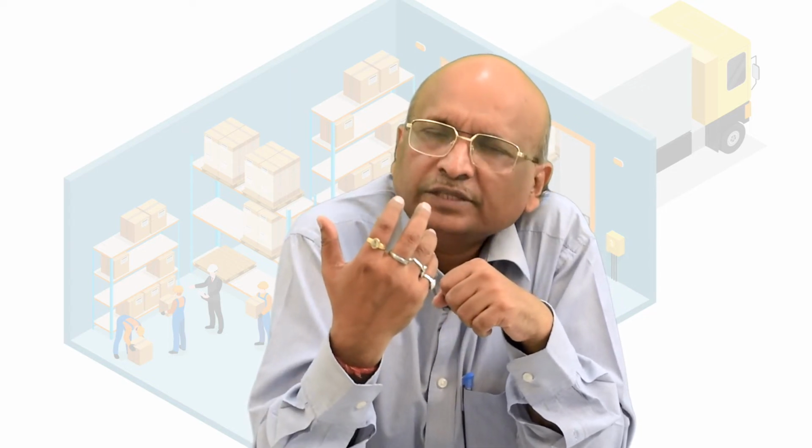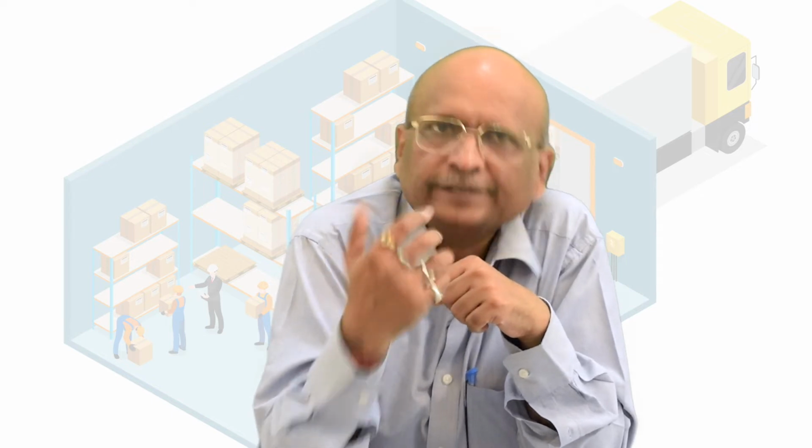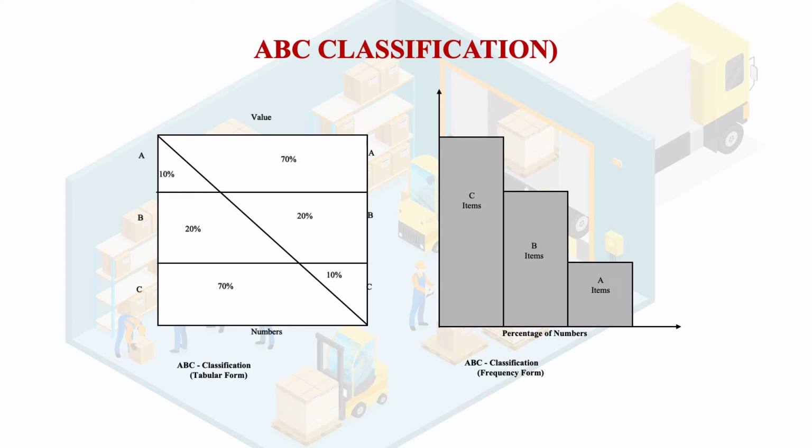So we can classify the items into three categories, that is A, B and C. You just see this figure. This figure I have taken directly from your unit. On the left hand side, you will see A category, number of items is less, but the value is more.